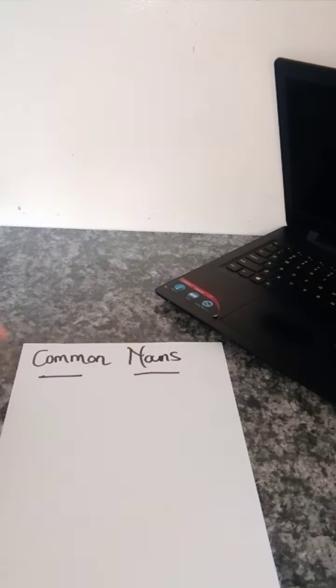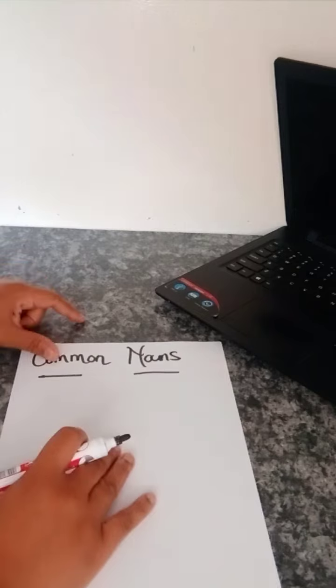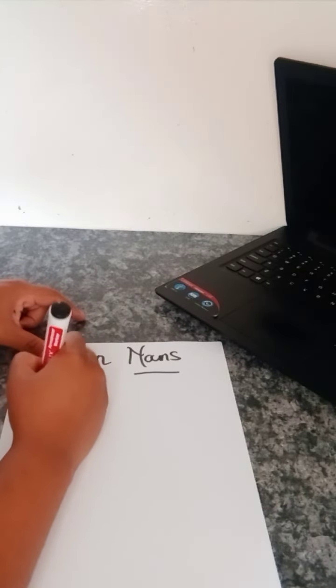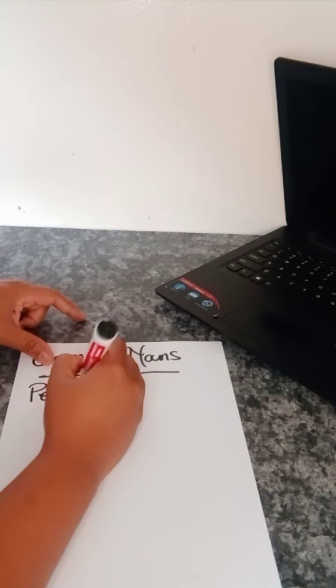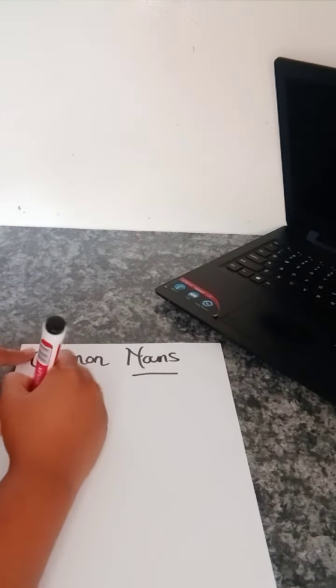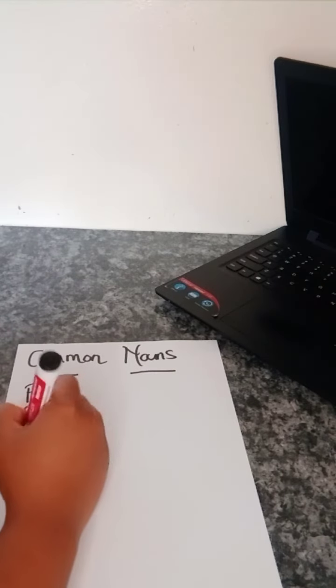Now, everything that will be discussed here will need you to have some sort of prior knowledge about what we are talking about. With common nouns, we are not going to dwell much on this simply because common nouns are still ordinary everyday things. Like what, for example? Like the pencil, like a book, like a table.